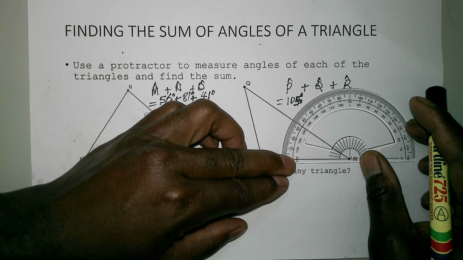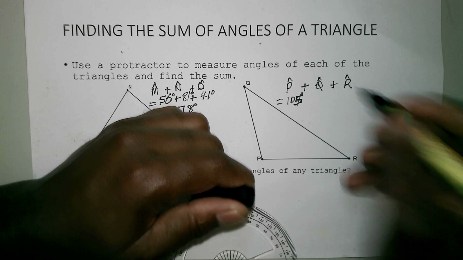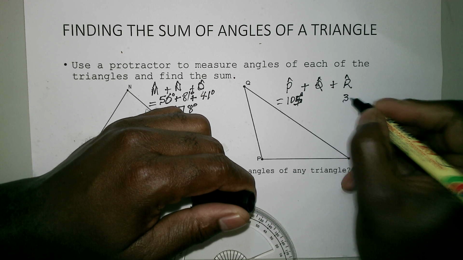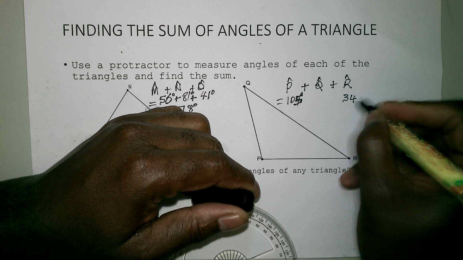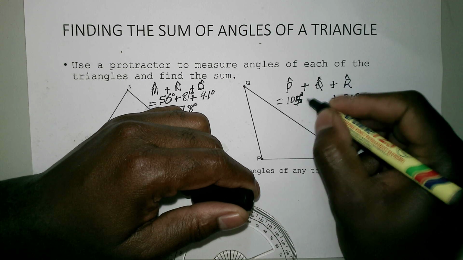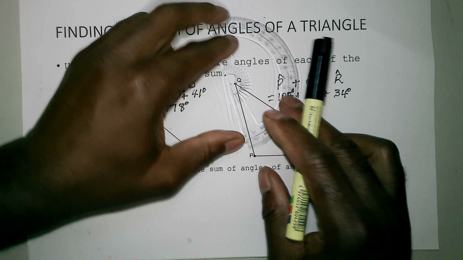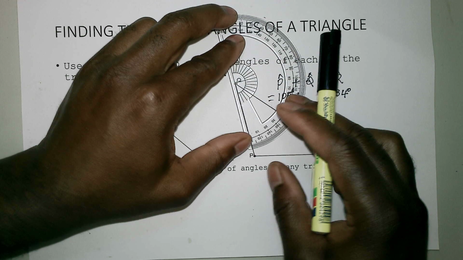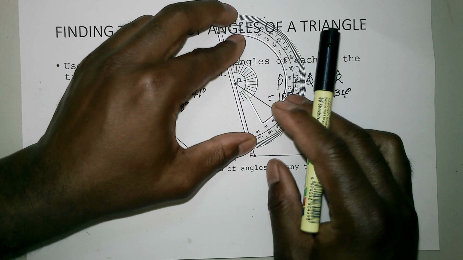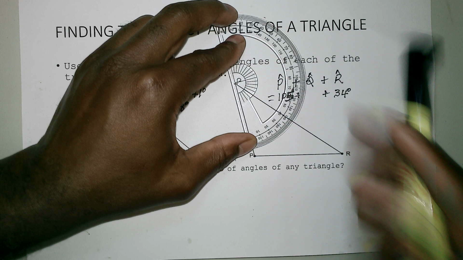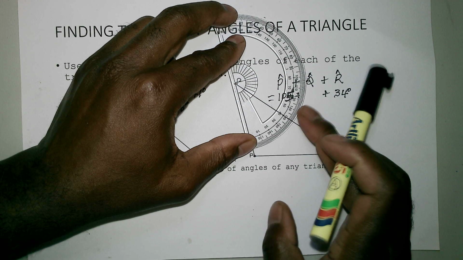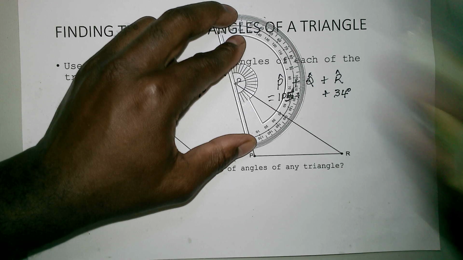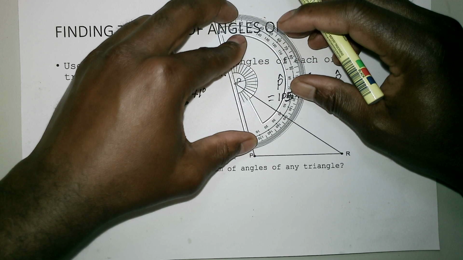There is 40 there, about 41. So we add 105 degrees, 41 degrees, 34 degrees, that is 180 degrees.